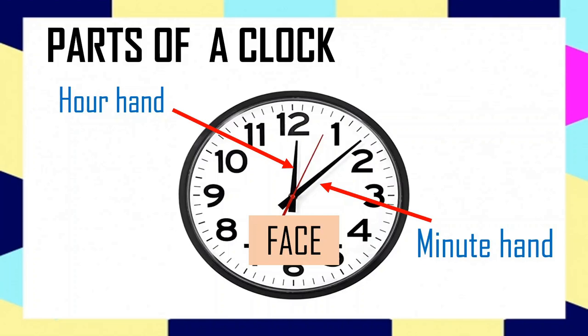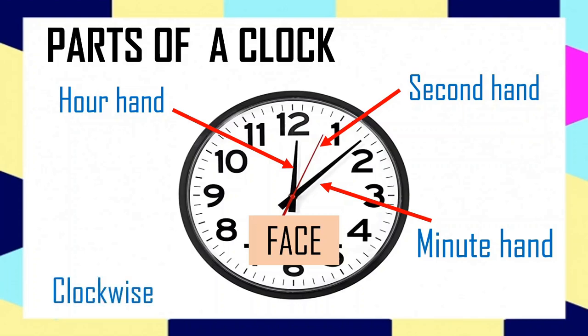Each number represents 5 minutes. So meaning we need to do skip counting by 5 to read the minutes. While this hand is what we call a second hand. And remember that all hands of this clock move clockwise or from left to right.